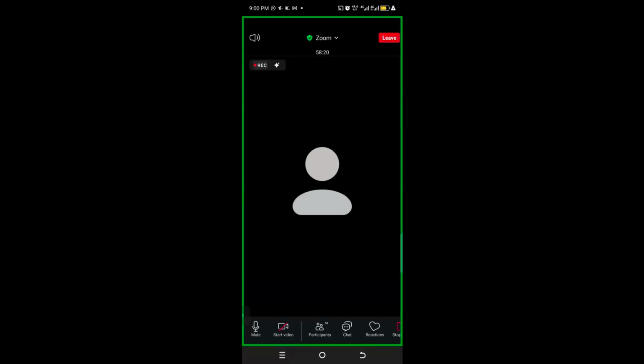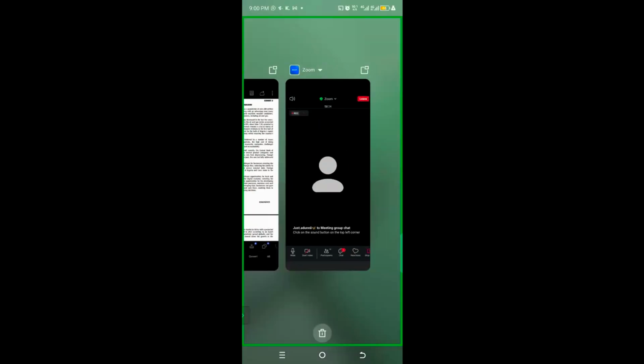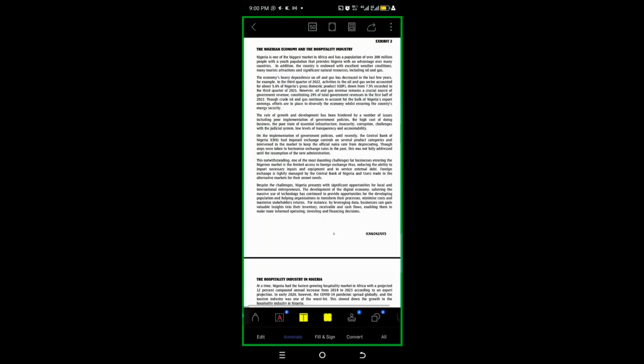Okay. So they have made brilliant comments. One thing you should know in this Exhibit 2 is that they talked about the Nigerian economy and the hospitality industry.